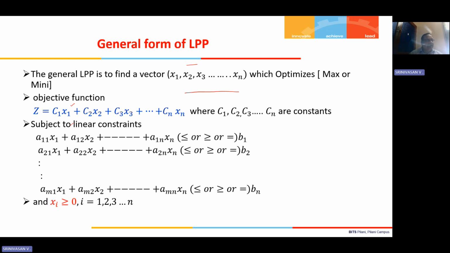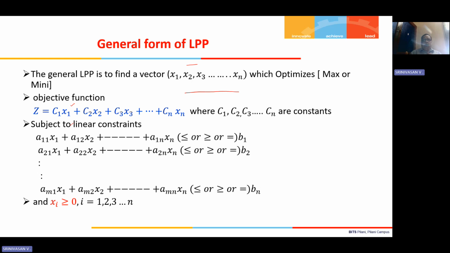It is an m by n matrix if there are m linear equations in n unknowns. And x is the column vector x1, x2, etc., xn, equal to the column vector of constants b1, b2, etc., bm.